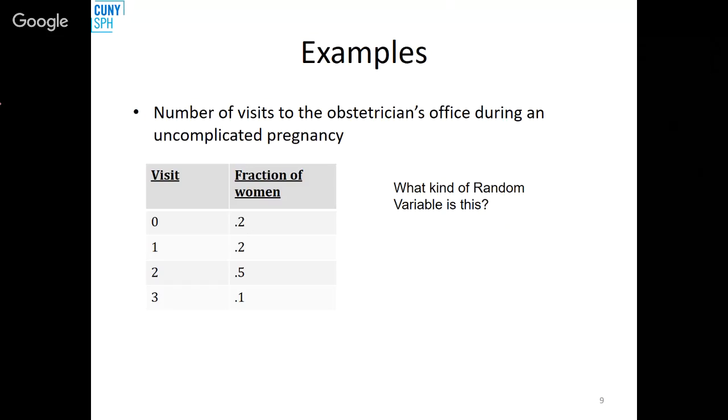We have a 20% chance of 0 visits, 20% chance of 1 visit, 50% chance of 2, and a 10% chance of 3 visits. So what kind of random variable is this? Discrete. Yeah, very good.